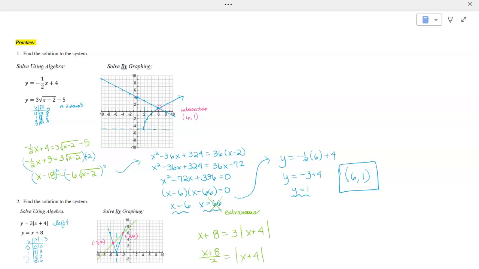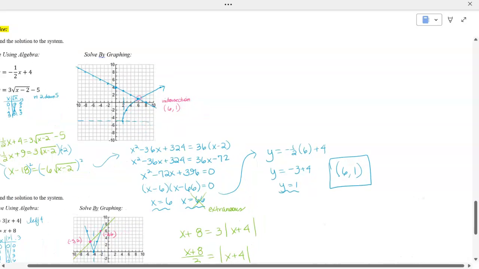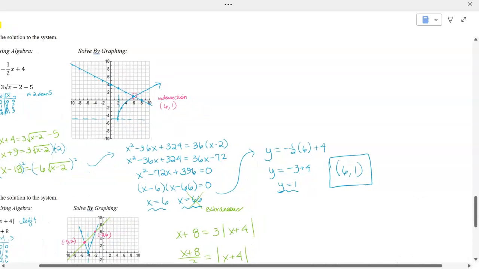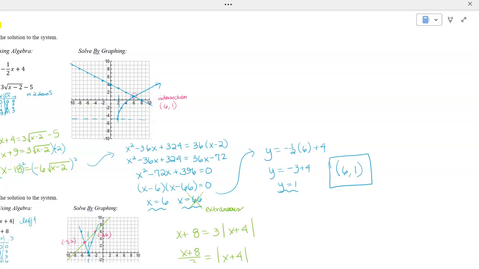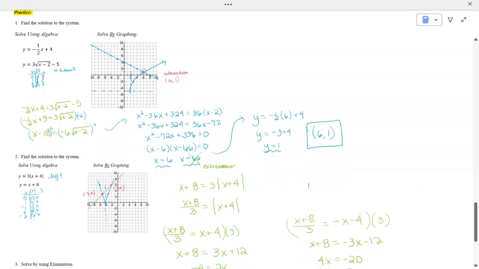But I know even if I go way out here to 66, that's an extraneous solution. And I could check that by plugging that value, x equals 66, into both equations to verify that it's extraneous. So I had the point x equals 6, and I just plugged it into my line equation to get the y value of 1. So that intersection point is at 6, 1.